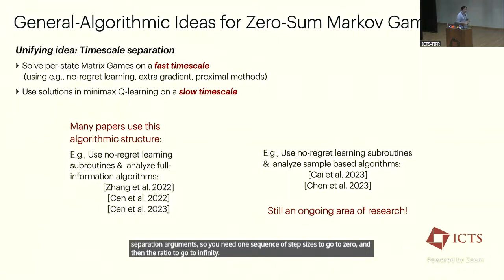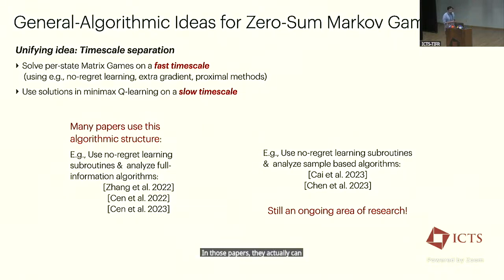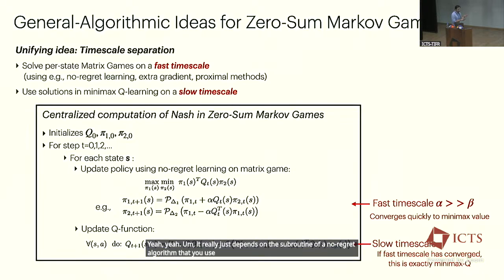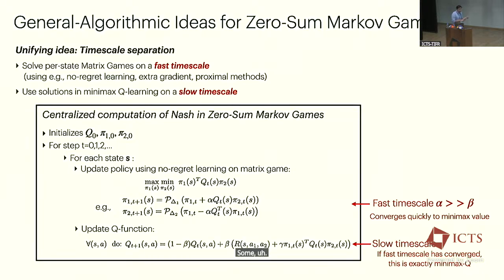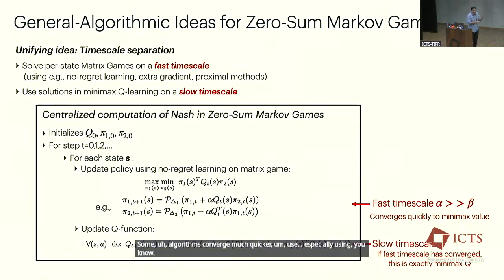But in those papers, they actually can give structural insights. It really just depends on the subroutine of a no regret algorithm that you use in this step. Some no regret algorithms converge much quicker, especially using constant step sizes.